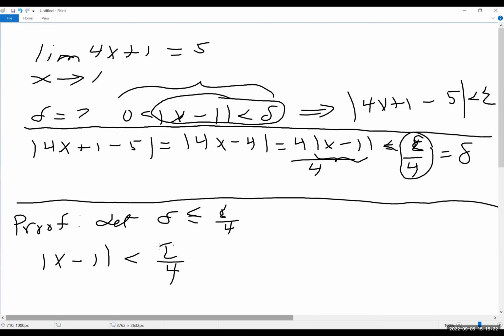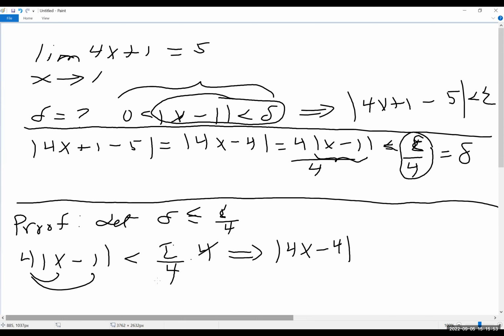And if I multiply both sides by 4, then I can basically distribute that because 4 is a positive number, and I'm left with 4x minus 4.